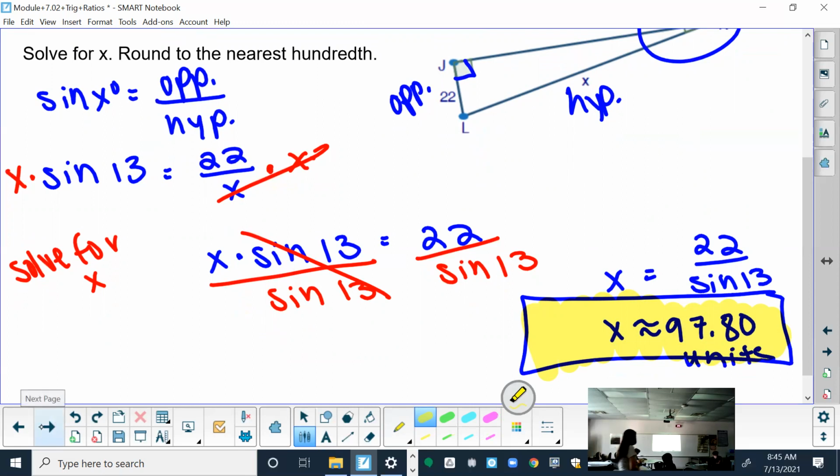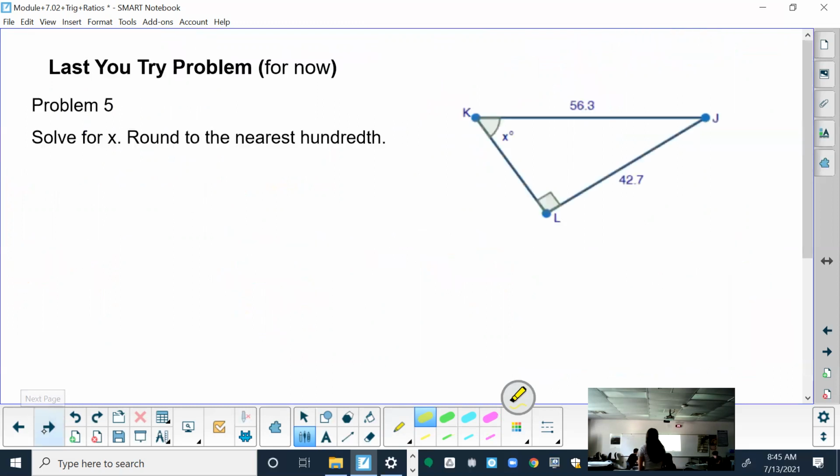The last U-Try problem for right now was this one, problem 5, solving for x and rounding to the nearest hundredth. Notice, is x an angle measure or a side length this time? Angle. It's an angle measure.